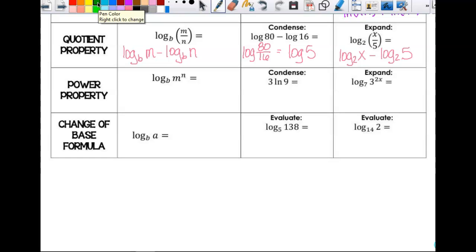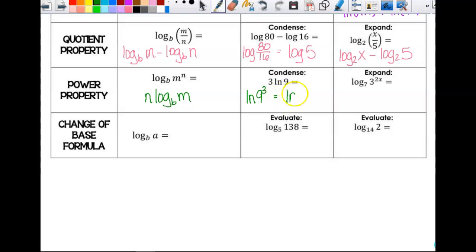Power property. Remember, if you have an exponent, it just comes out in front here. So log base b of m to the nth would become n times log base b of m. So to condense this, 3 comes up here to be the exponent. So that'd give me the natural log of 9 to the third.